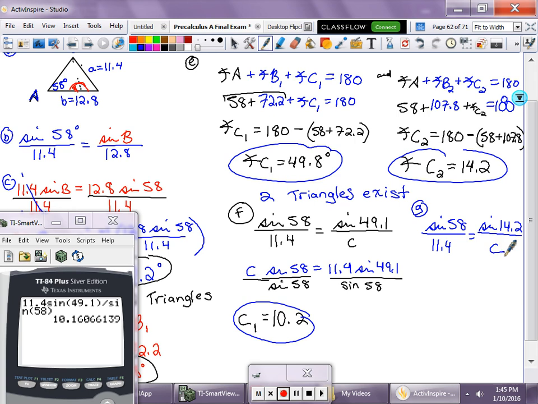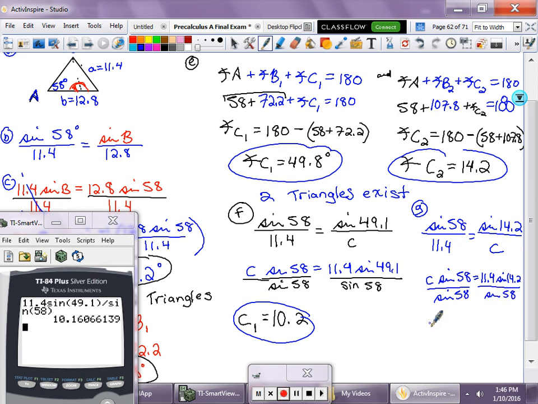Cross multiply to solve. C sine 58 equals 11.4 sine of 14.2, divide by sine of 58. Similar. Just take all your steps.